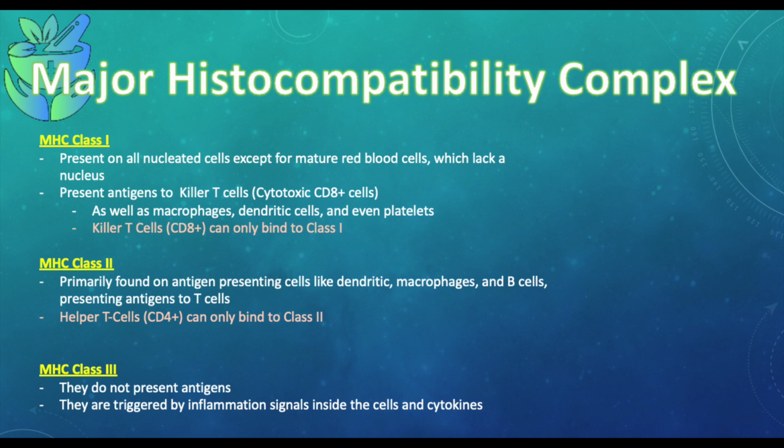Instead, they are triggered by inflammation signals inside the cells and the cytokines that get released. And here you might start to understand that this is why I need to talk about this, because it also triggers mast cells and the other cells as well. And this has a very close relationship with your microbiome, your mitochondria, and your methylation.